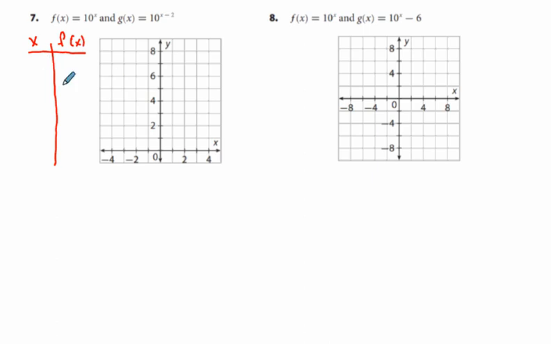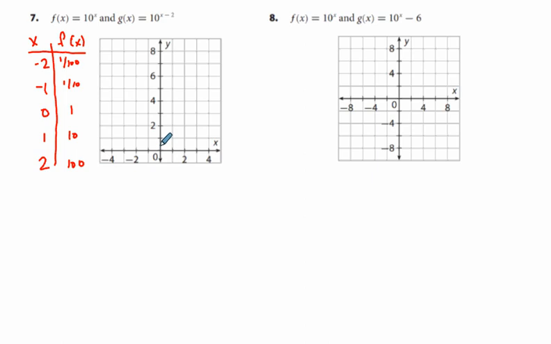So we have negative 2, negative 1, 0, 1, 2. So we have 1, 100, 10, 1, and 100. So it's going to look like this.